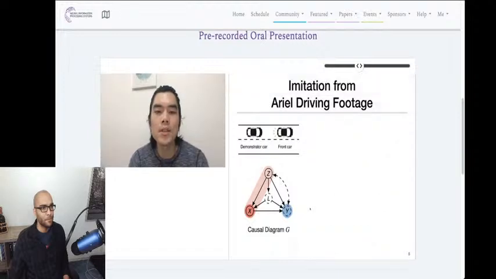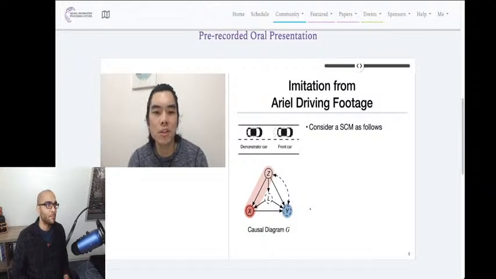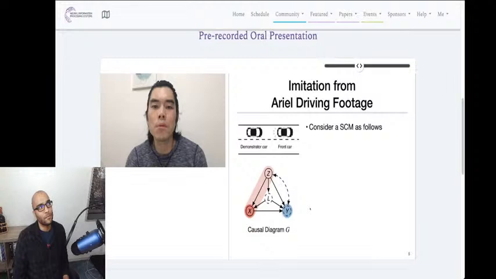We next show that in this simple environment, naive imitation does not always lead to optimal imitation performance. Consider a simple SCM as follows.